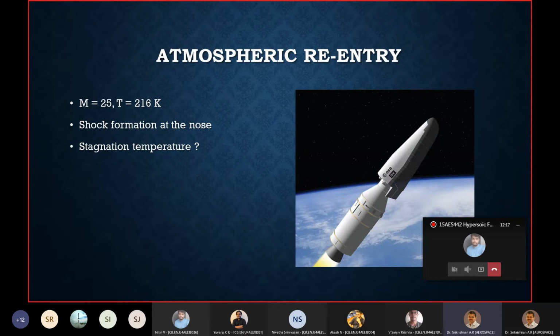So reducing hypersonic Mach number to subsonic is not efficient, and it is not even practical as the Mach number increases. That is the reason why, instead of subsonic combustion, you try to have supersonic combustion, so that the amount of deceleration that you require is relatively less.